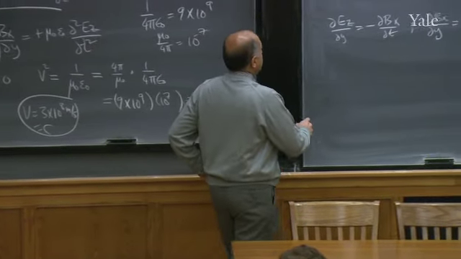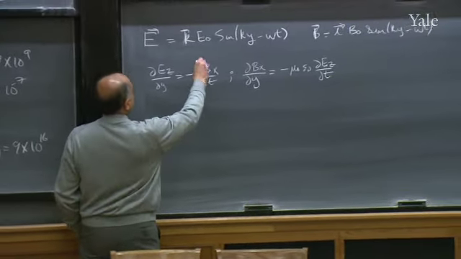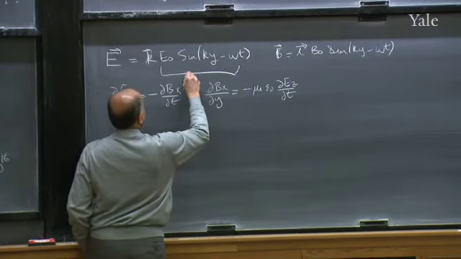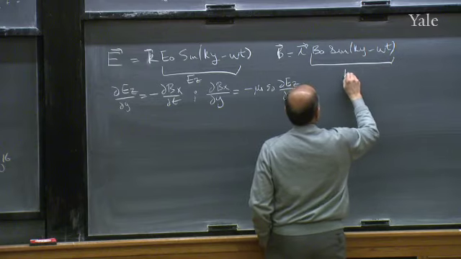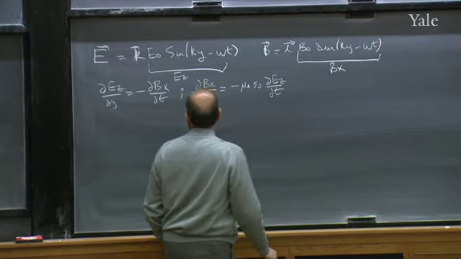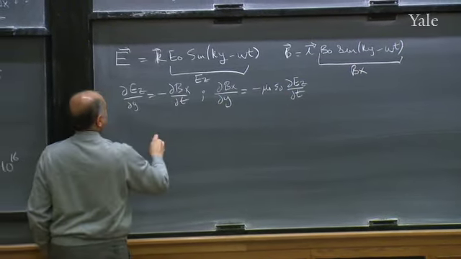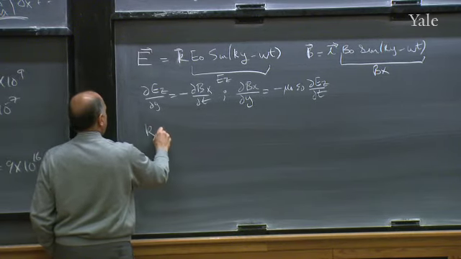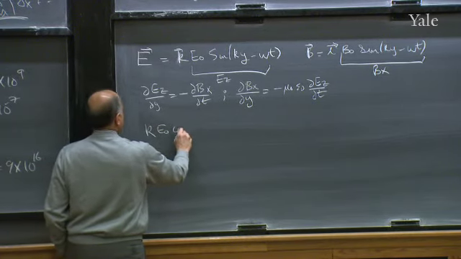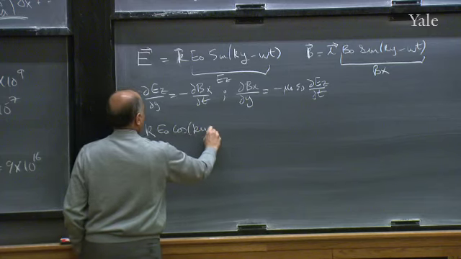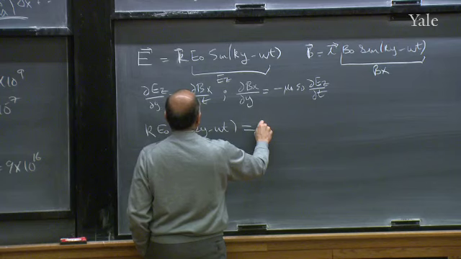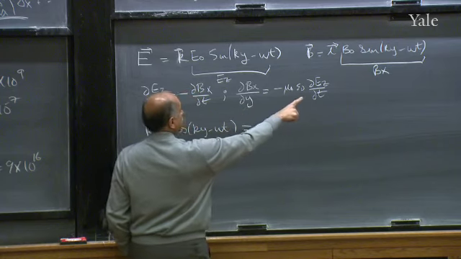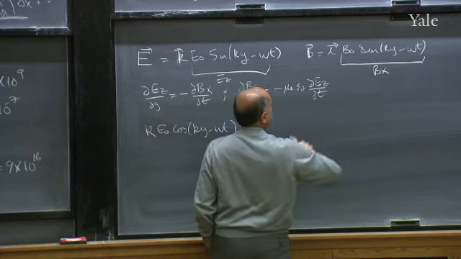So what is dEz dy? If you take the d by dy of this, which is what I call Ez, and this is what I call Bx, dEz dy will give me k E0 cosine of ky minus omega t, and we want that to be equal to minus dBx dt. So take the d by dt of this guy.